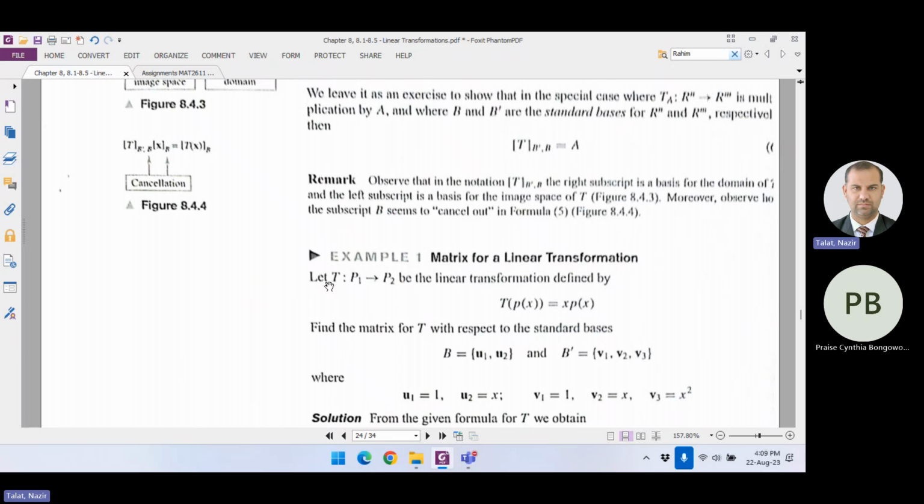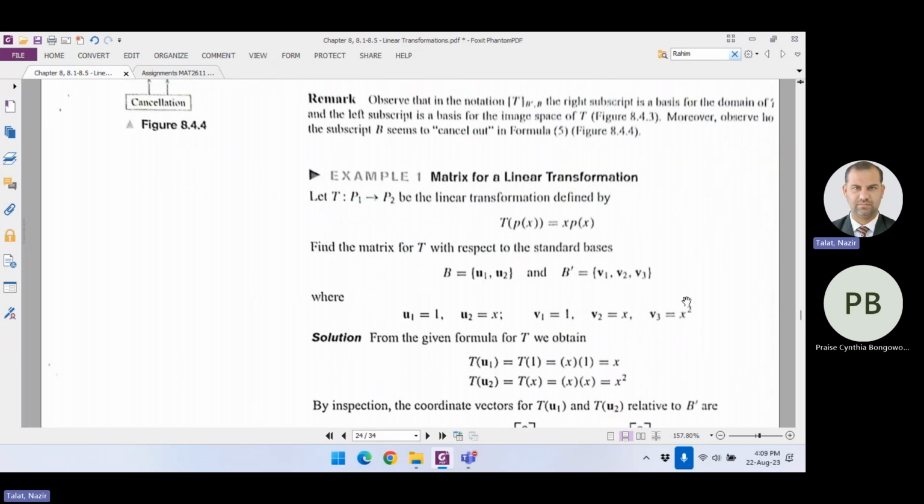For instance, take a linear transformation T from P1 to P2, polynomials of degree 1 to polynomials of degree 2, with the transformation T of p(x) equal to x times p(x). This means x multiplied with any polynomial of degree 1 definitely becomes a polynomial of degree 2.